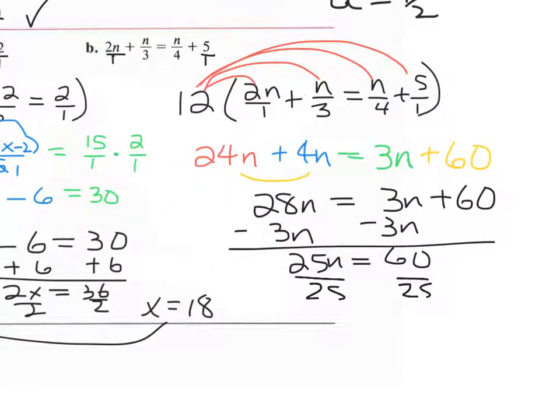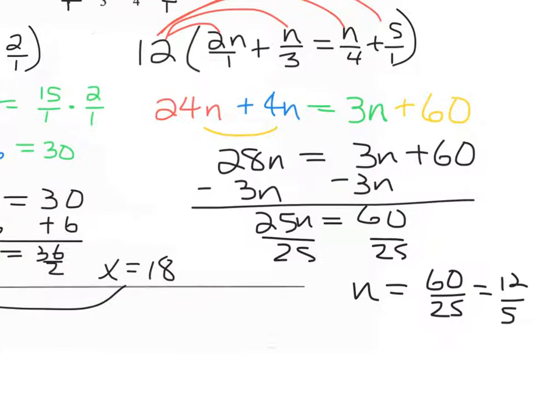Divide by 25. And n is equal to 60 over 25. I can divide them both by 5. And I would get 12 over 5. And you can leave it like that. If you want to divide it, you could make it 2 2/5 or 2.4. Any of those 3 answers.